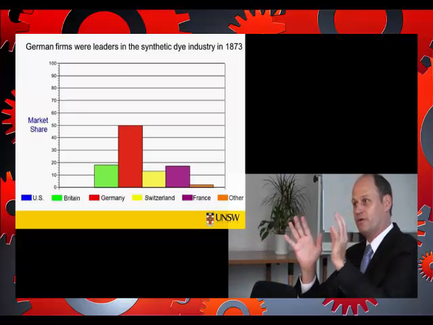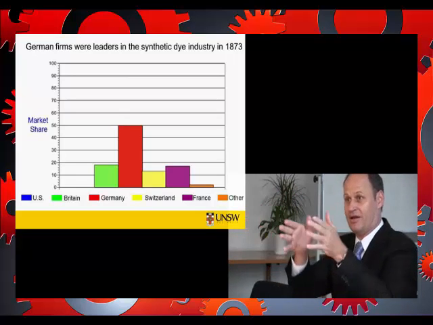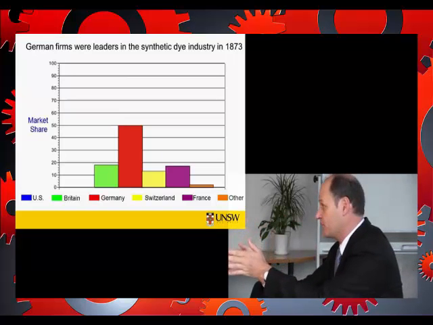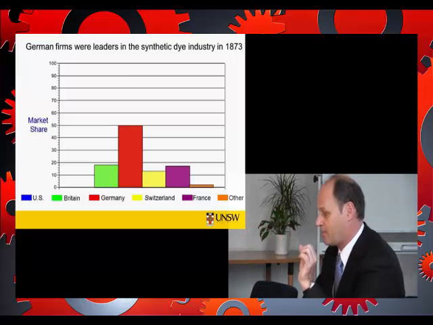The dye industry was the industry where R&D laboratories were invented for the first time, where employees would focus only on research and not be production chemists. That was the place where this happened.